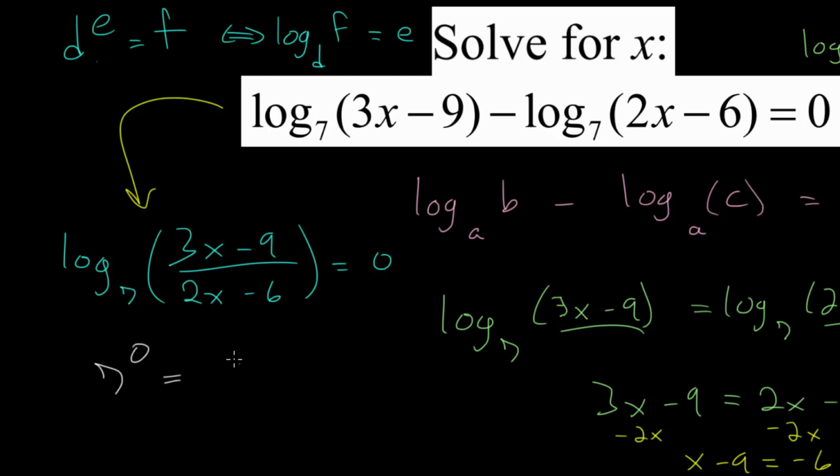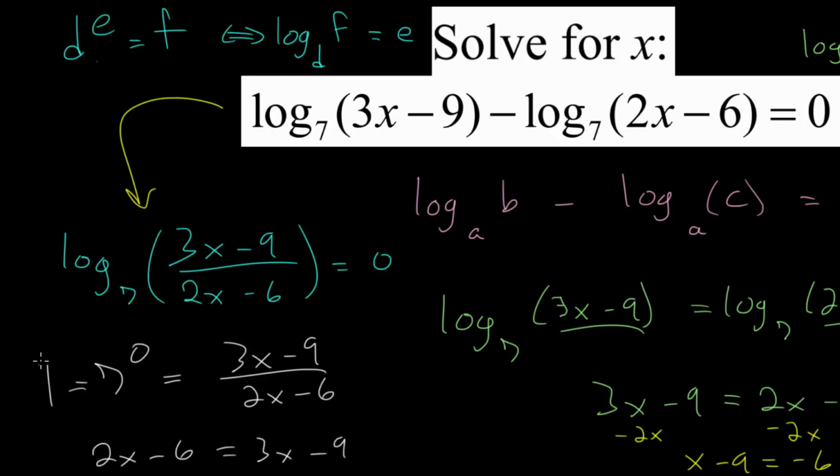We have 7 to the 0 is 3x minus 9 over 2x minus 6, but anything to the 0 is just equal to 1. So we have 1 over here. And we'll multiply both sides of the equation by 2x minus 6 so that we can cancel out this denominator. Since when we do that on both sides of the equation, on the right-hand side, it will cancel out. And on the left-hand side, we will just have 1 multiplied by this denominator.